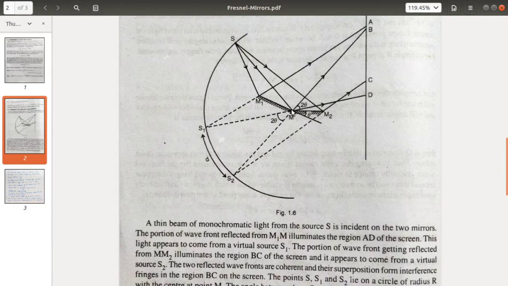This is mirror M1 or M2. In the previous picture, this mirror was marked as M2 and this mirror as M1. Whatever be the name, these are the two mirrors.